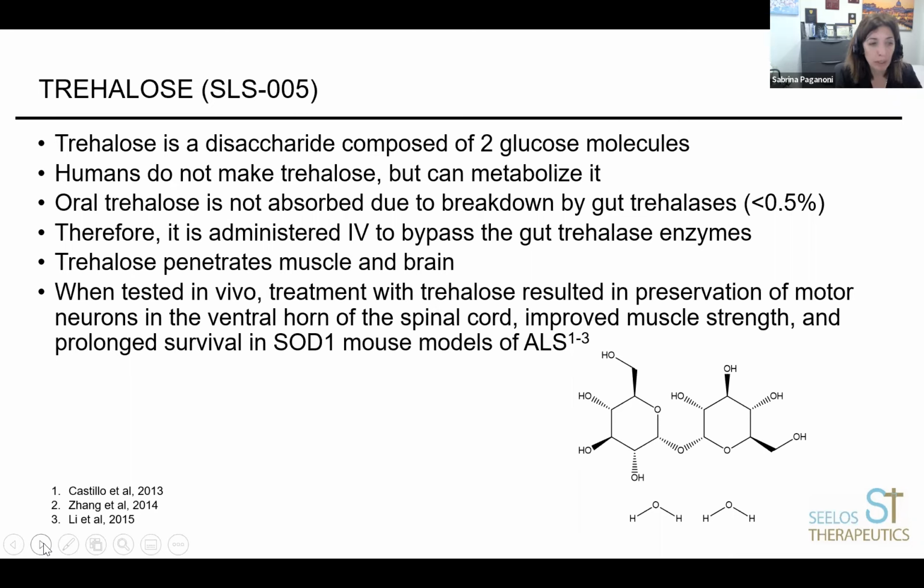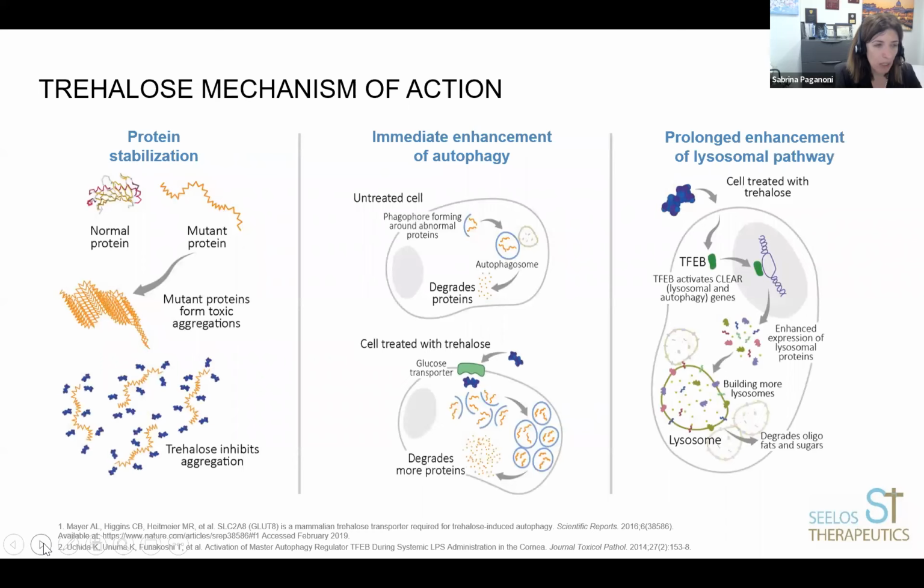So based on those promising preclinical data, the drug was selected for inclusion into the platform trial, and specifically, regimen E is now enrolling. The mechanism of action of Trialose is thought to involve protein stabilization and enhancement of autophagy.